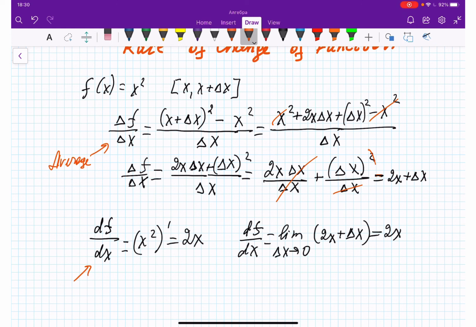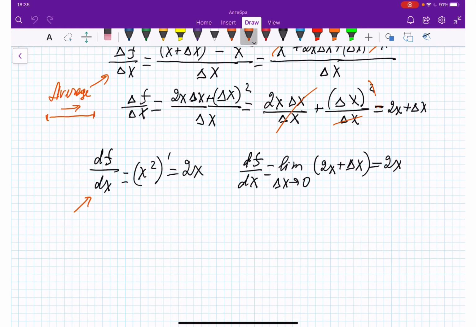While the average shows the average speed plus direction, let's say going this way, that will be our delta f by delta x, and df by dx shows the velocity. It's the instantaneous rate of change at a given time. At this time, at this time, at this time, okay?